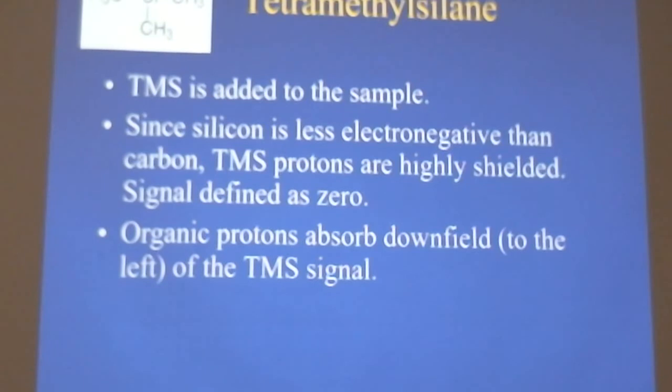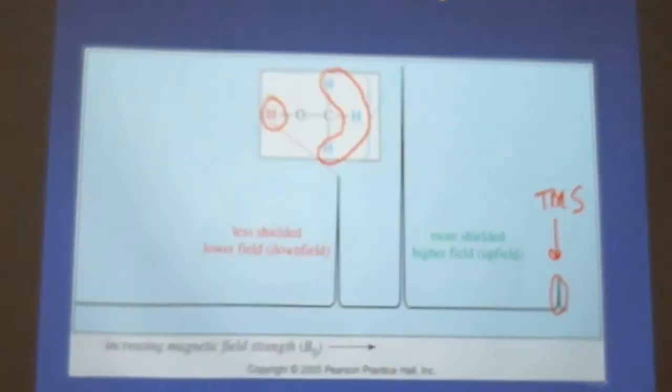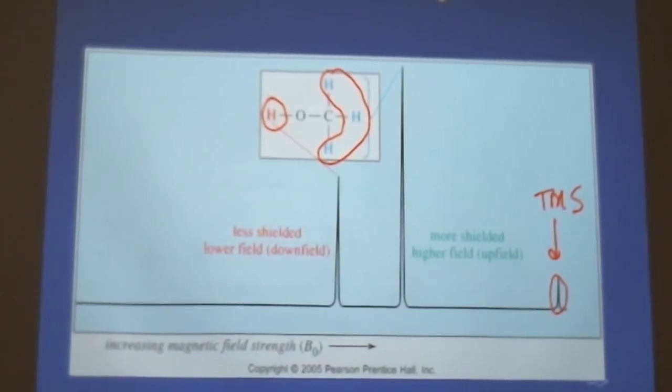It would be very, very difficult to find an environment where these hydrogens are attached to something that is less electronegative. So, hydrogens that are attached to less electronegative stuff show up on this end. Hydrogens that are attached to more electronegative stuff, like oxygen, show further to the left.